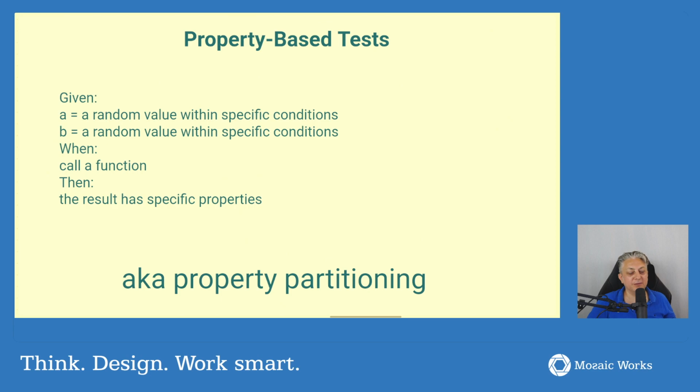So you say, given the first parameter is a random value within specific conditions, and the second parameter, again, a random value within specific conditions, we call the function with these two, and because the input has specific properties, we expect the output to have specific properties. This is closer to mathematics. And the example that we worked on, where we had two positive numbers and we expect the output to be a positive number, can be captured pretty easily with these property-based tests.